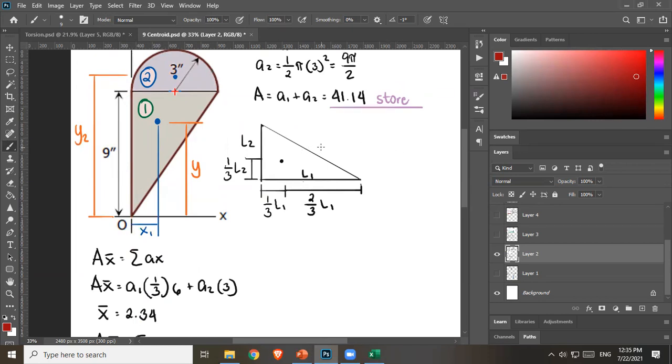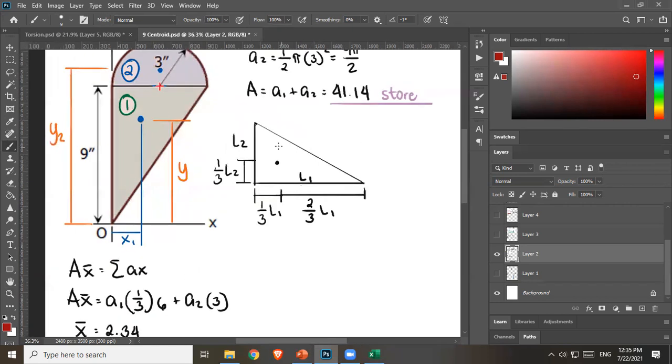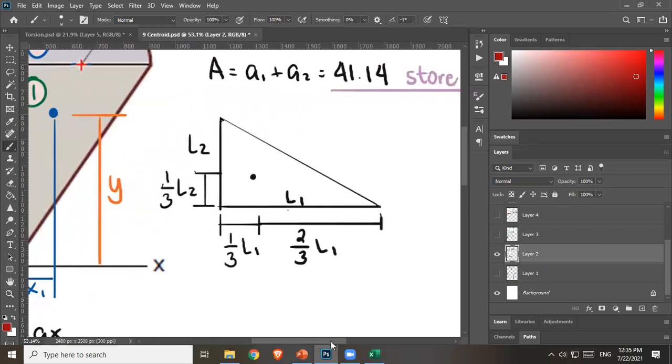So before we continue, I'd like you to remember this, okay? Because we're going to use this a lot. If this is your triangle, this is the centroid, okay? And then this is the length that we're concerned with, right? The distance of the centroid from this height is 1/3 L. Therefore, the distance from this point is 2/3 L. Okay.